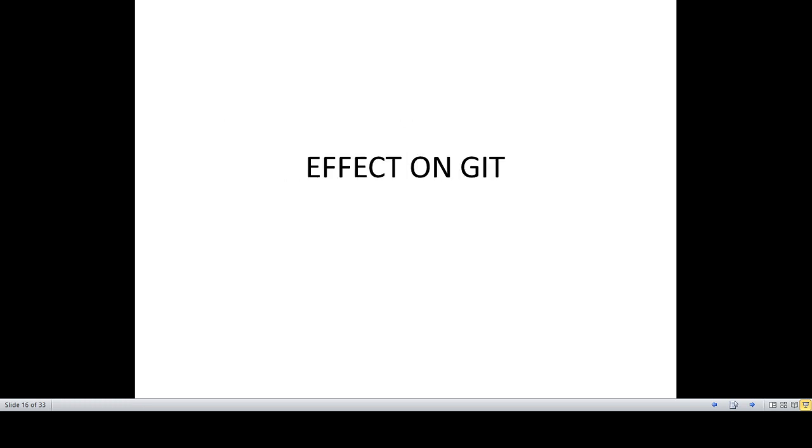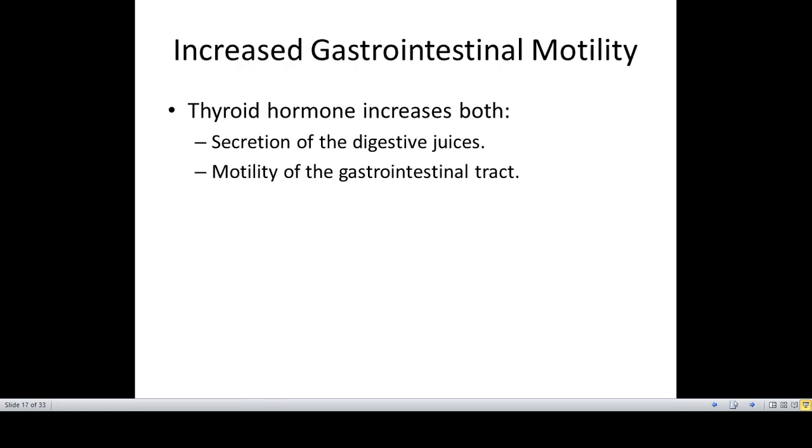The effects on the gastrointestinal tract include an increase in both secretion of the digestive juices as well as an increase in the motility of the GI tract.